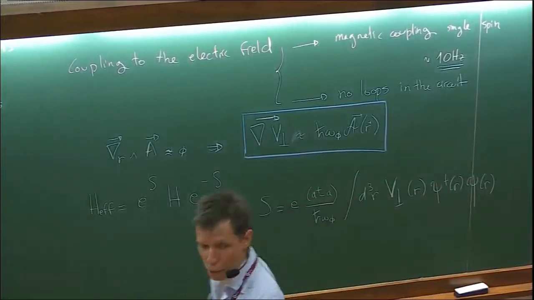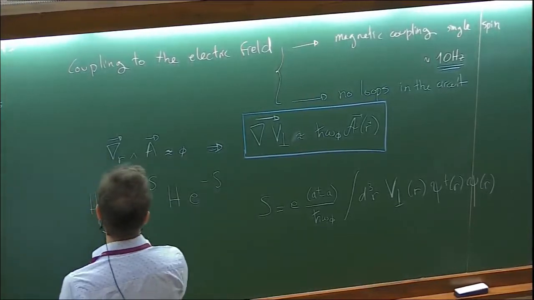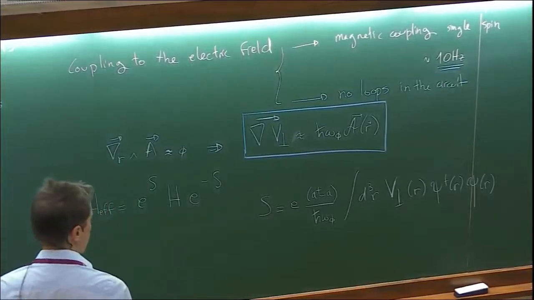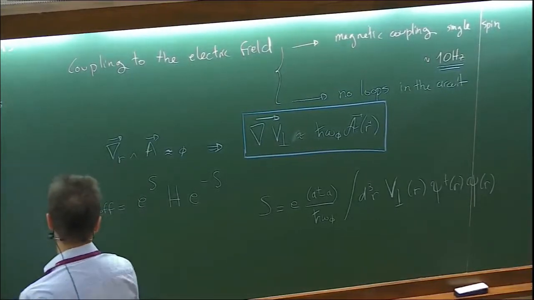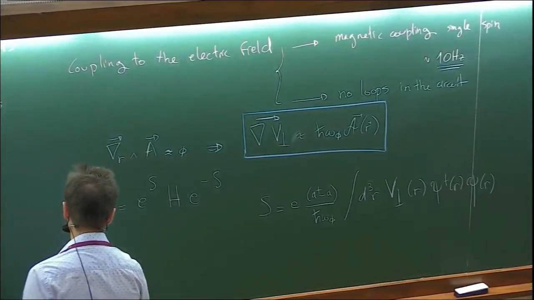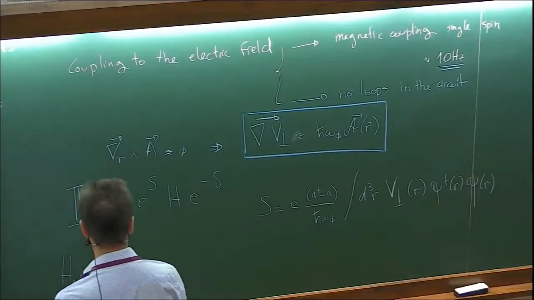Using this unitary transformation, you end up with an effective Hamiltonian which is more handy.